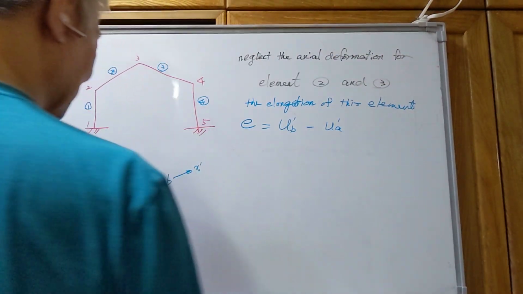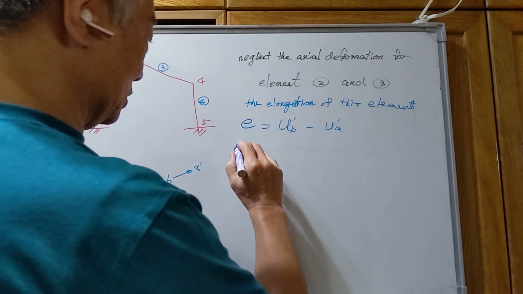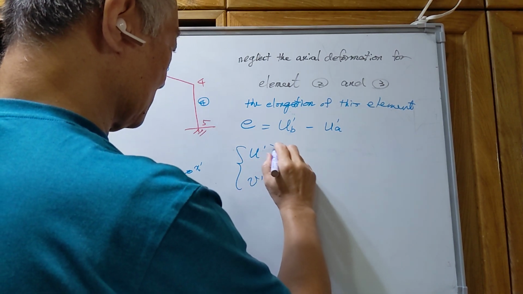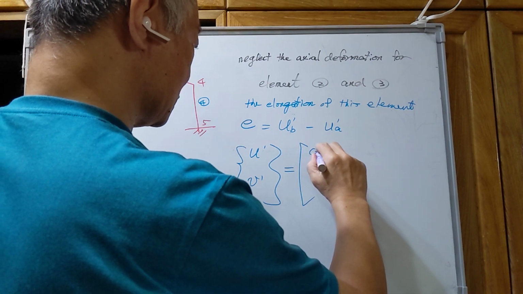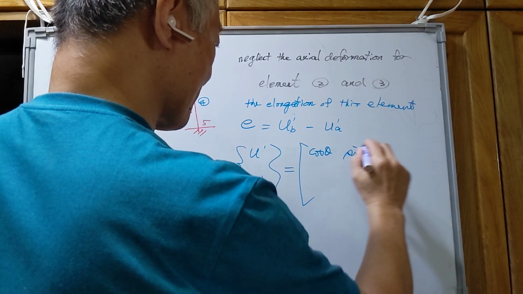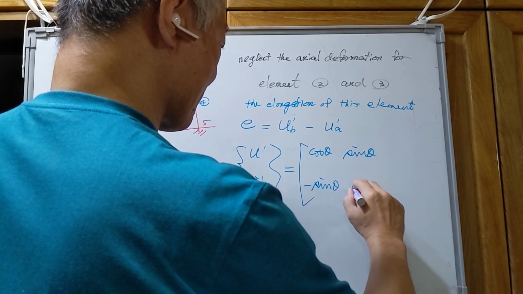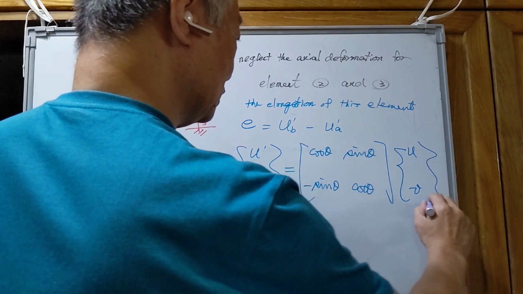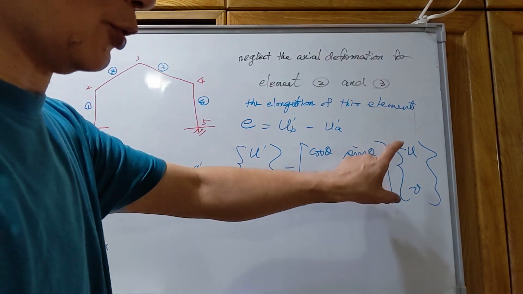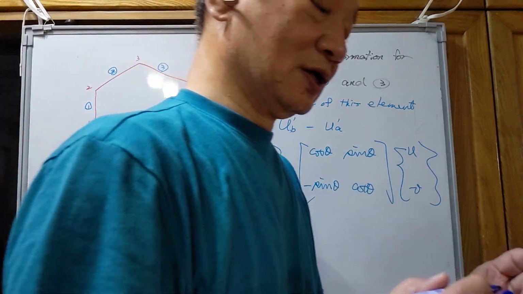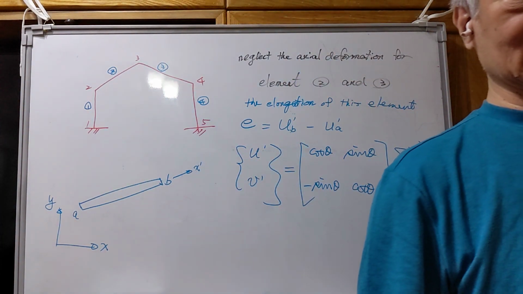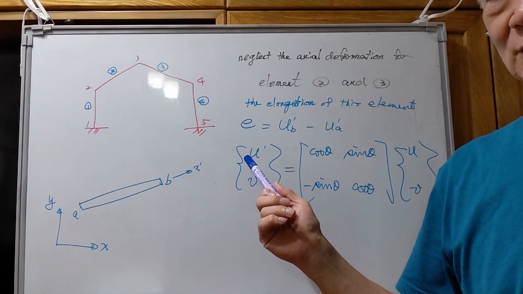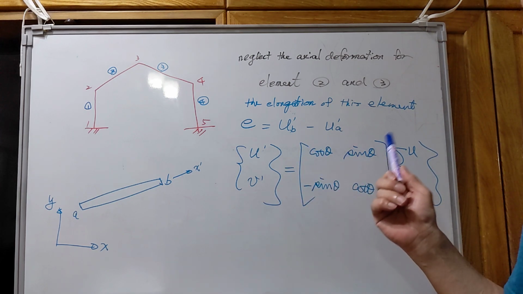And also remember, whenever we would like to transform the vector components from the global coordinate, if we have the global vector components u, v, and we would like to calculate the vector components in the local x prime, y prime system, we can use this formula.